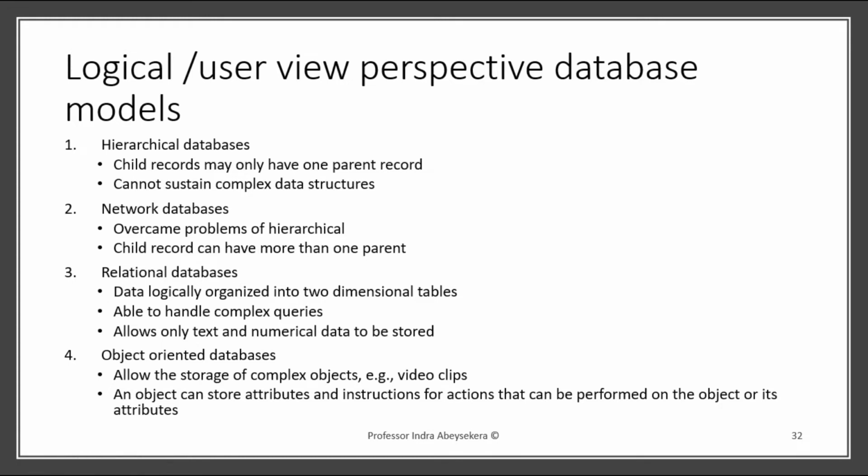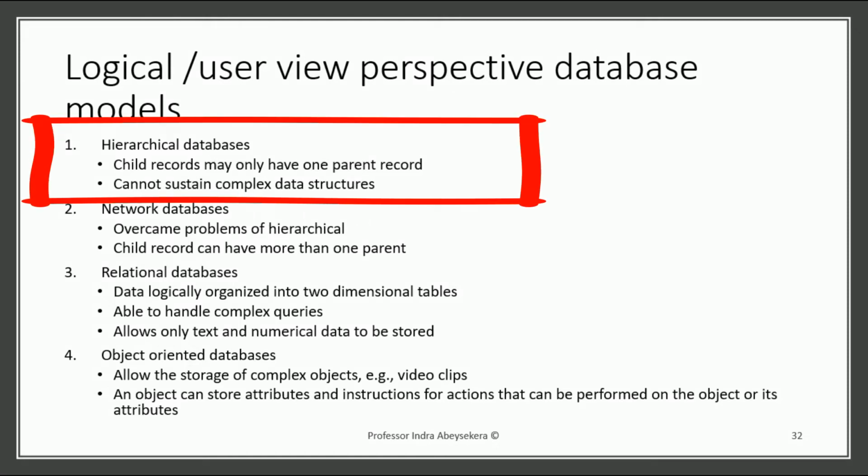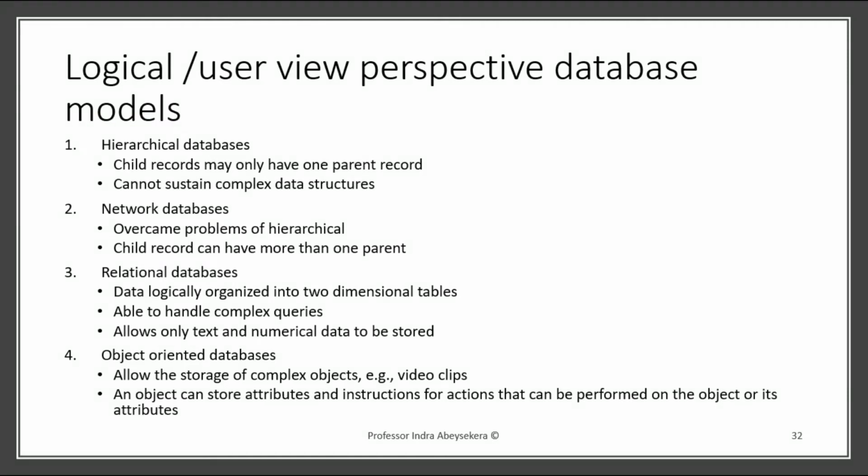If you look at the logical or the user view of database models, the hierarchical database has one parent record and one child record. For example, it would have one bank, a customer, and the customer would have one savings account.